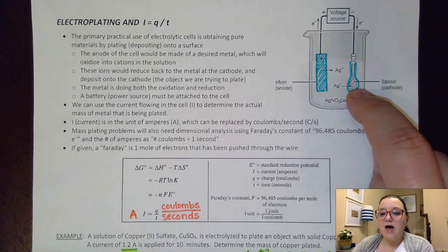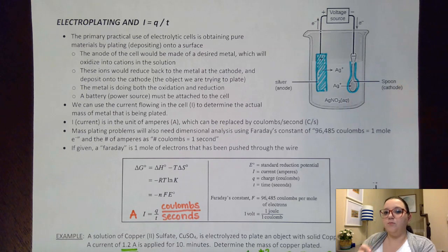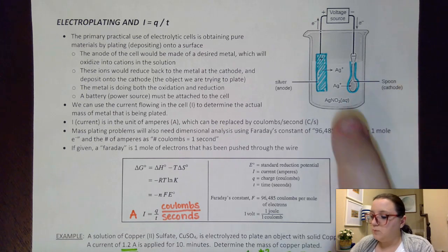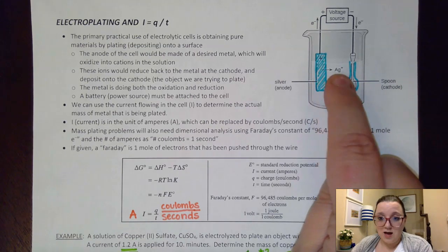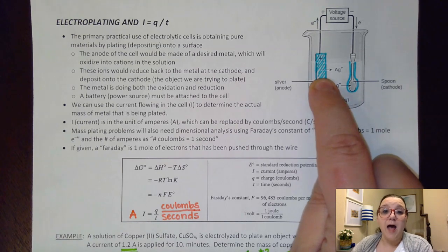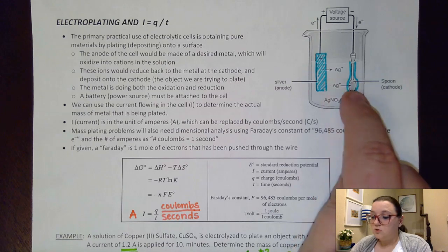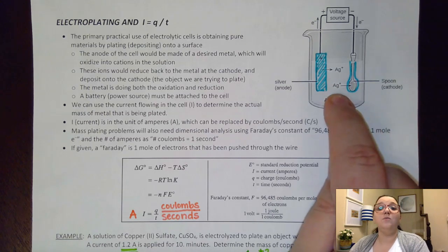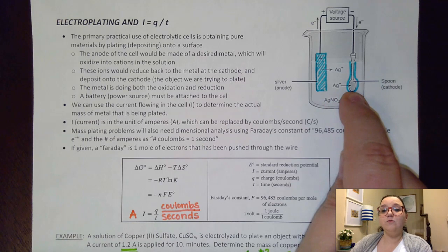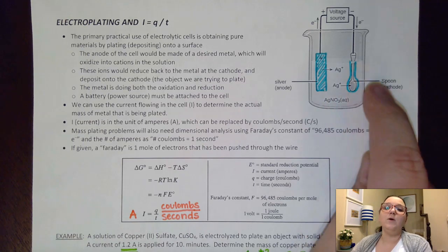And when it does that, the metal is going to do something interesting. It is both going to oxidize, lose electrons, so we're going to go from silver atoms to silver ions. And then the metal is also going to reduce.